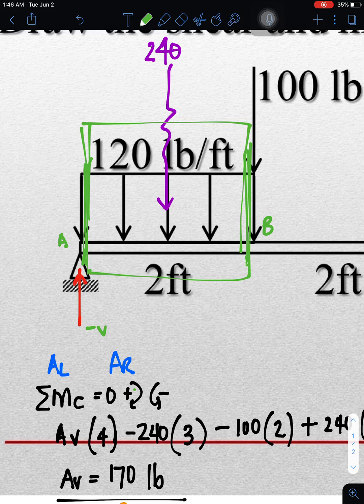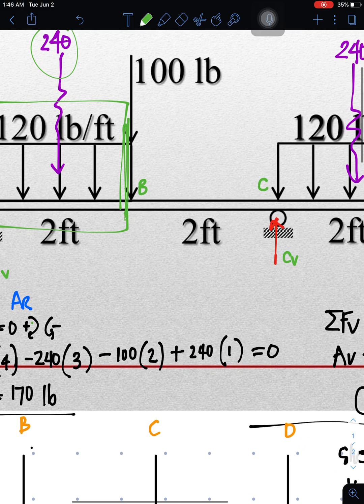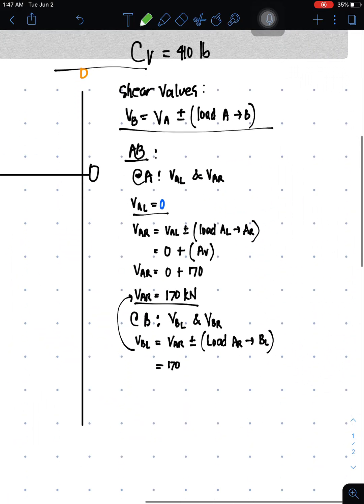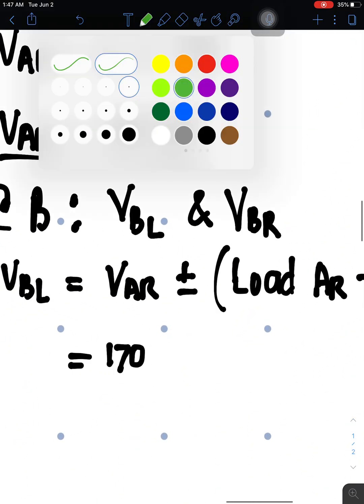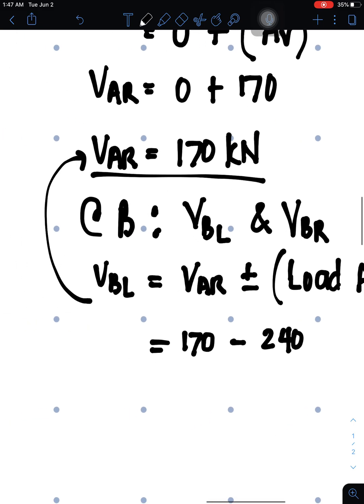It's 120 pounds per feet, or that's 240, and that is downward. So we will just write the 240 as downward. Downward meaning it's negative.